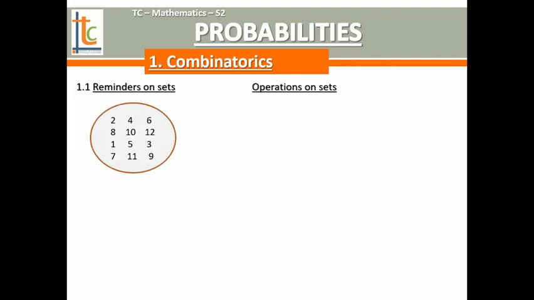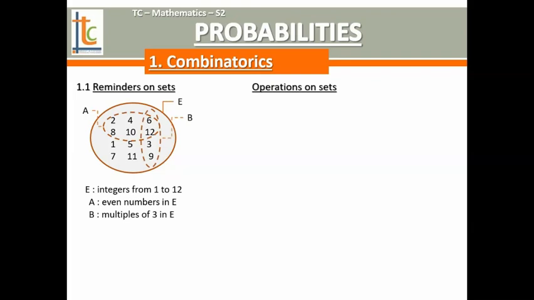Let's take the set of the integers between 1 and 12. Let's name it E. And inside E, I've got 2 possible subsets. The subset A of the even numbers, 2, 4, 6, 8, 10, 12. And another subset, the subset of the multiples of 3, that are 3, 6, 9, and 12 here.